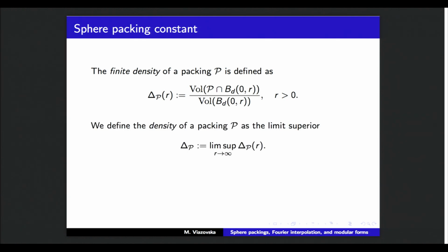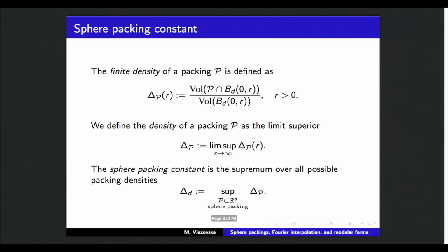Unfortunately, we can think of pathological configurations where such a limit would not exist, since our configuration could be very irregular. But what we can always do is take the limit supremum of all such densities, and the number which we obtain we call the density of our packing. So the question is to find the supremum over all possible packings.